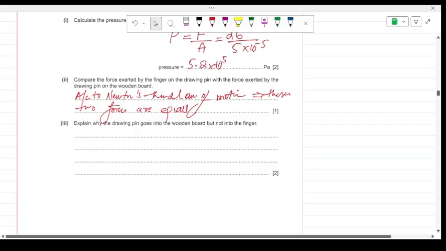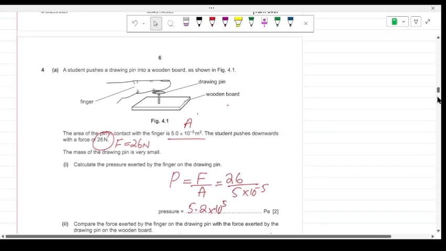Now moving on, the next question says, explain why the drawing pen goes into the wooden board, not into the finger. We can explain the reason with the help of a diagram. You know that pressure is defined as force per unit area. If the area is smaller, the pressure will be larger. At the bottom of the tip you see a smaller area, and a smaller area has a larger pressure.